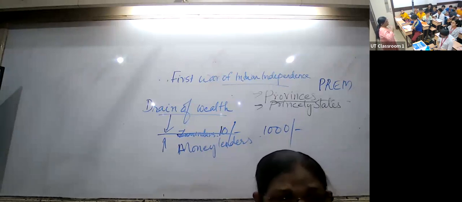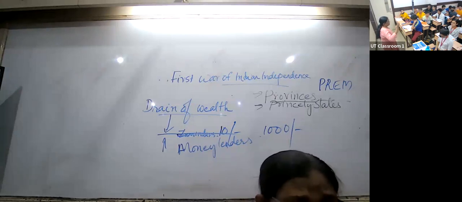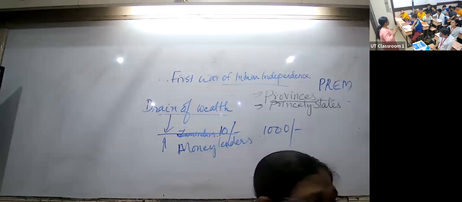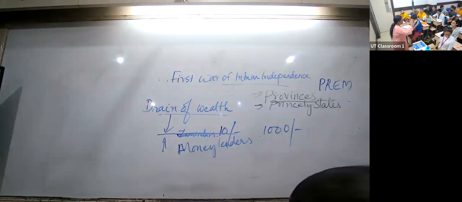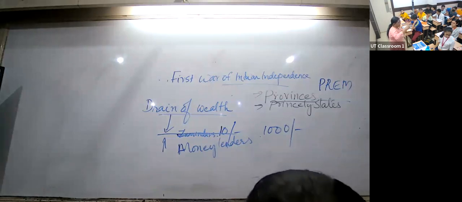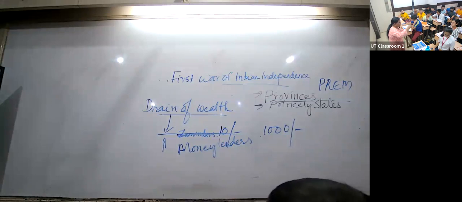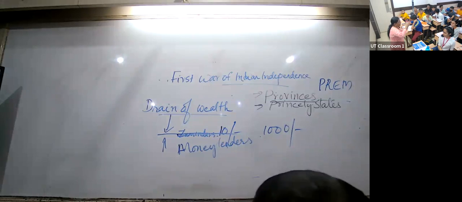Don't learn by rote. That will confuse your thinking. So you can connect the things with other things and learn, or make them your points, and then you remember those points and the marks.